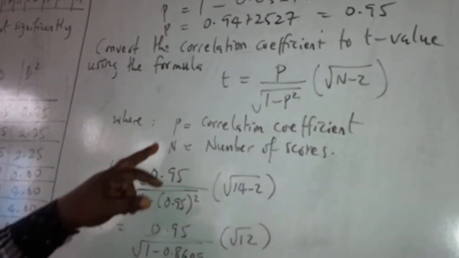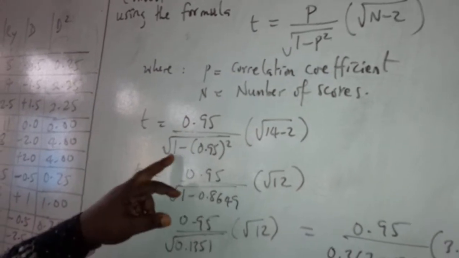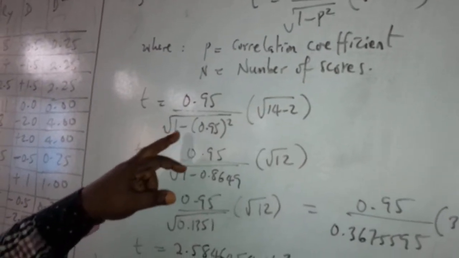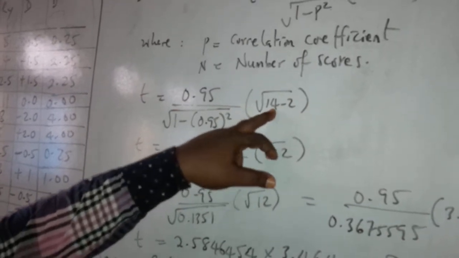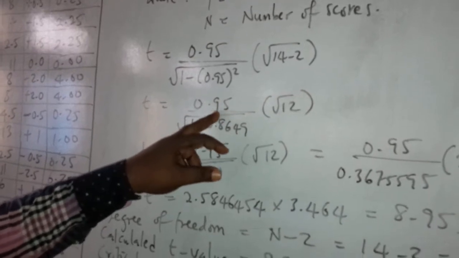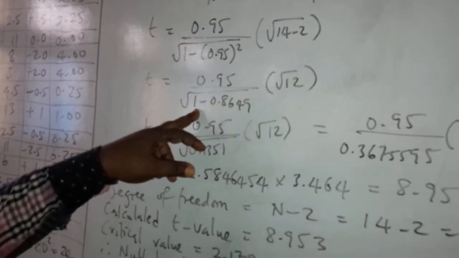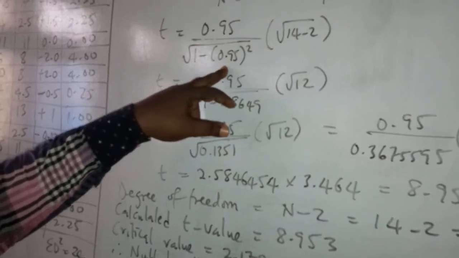Now, the P here is a correlation coefficient 0.95 all over square root of 1 minus 0.95 squared into 14 minus 2. And then 0.95 into 1 minus, we have squared 0.95.